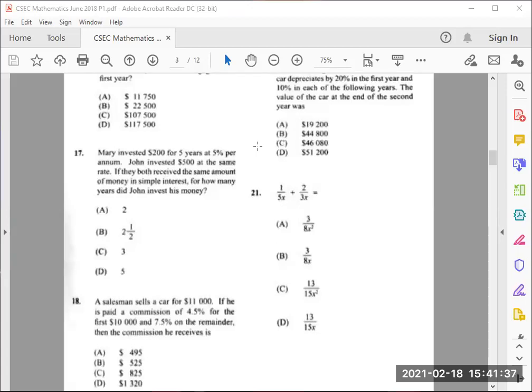If they both receive the same amount in simple interest, how many years did John invest his money?